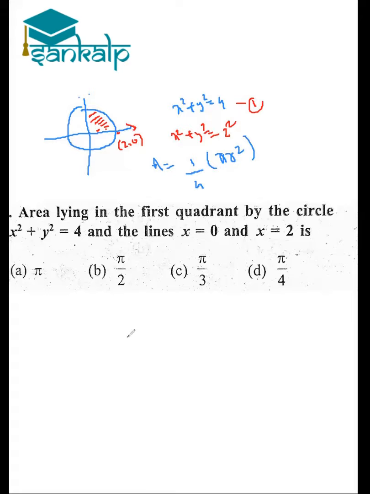We know the value of radius is 2, so 2 square is 4, giving pi into 4 upon 4. The 4 and 4 cancel. The answer will be equal to pi square units. So option A will be the right answer.